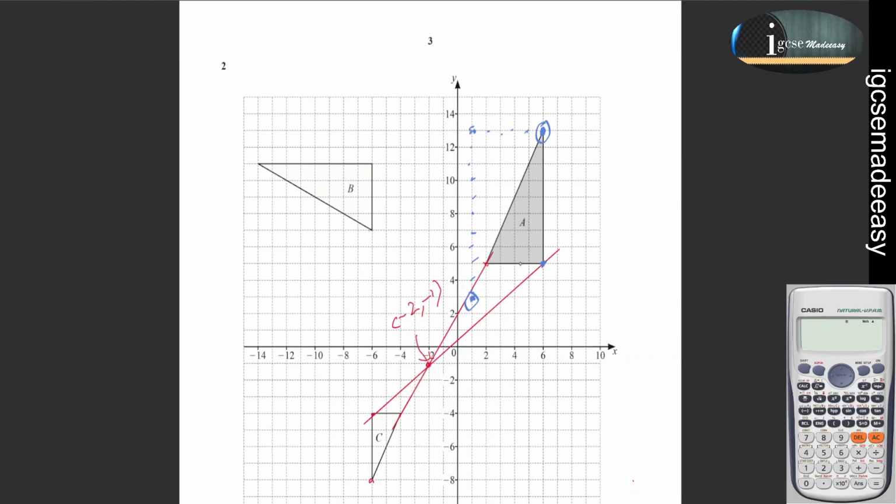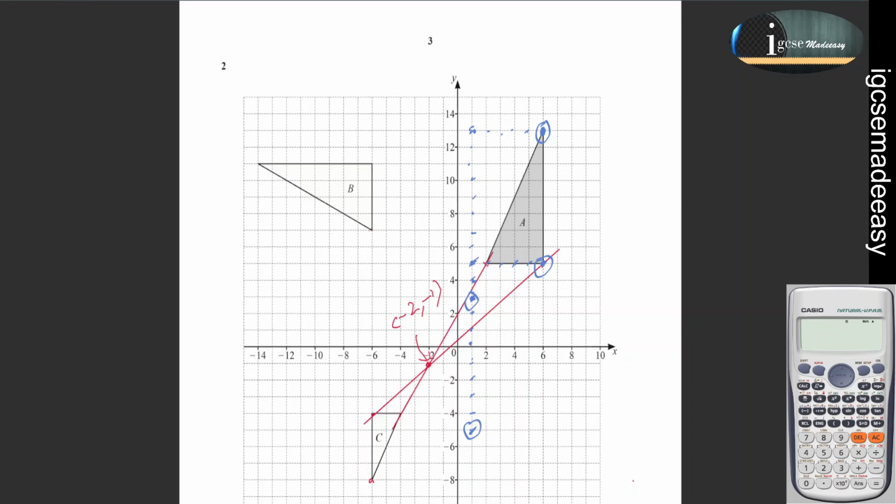So 1 2 3 4 5 over here, and 1 2 3 4 5 6 7 8 9 10. I have to reach it here. So actually this point is here now, right?